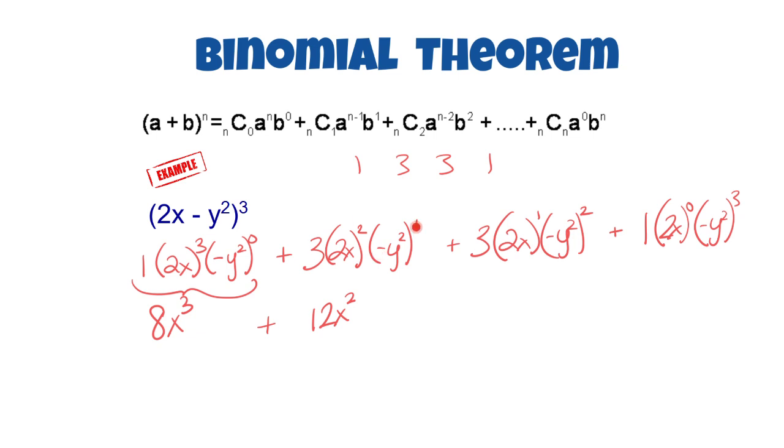And a negative 1 to the first power is negative 1. So not only am I taking a 3 times a 2 squared, I'm also taking it times a negative 1, which means my 12 is not really 12. My 12 is negative 12. So that changes my plus to a minus. And then I have my y squared there.